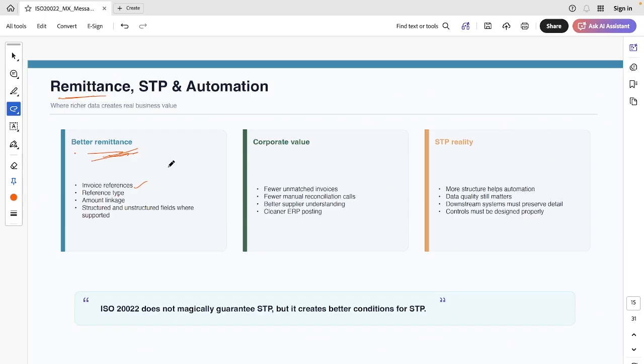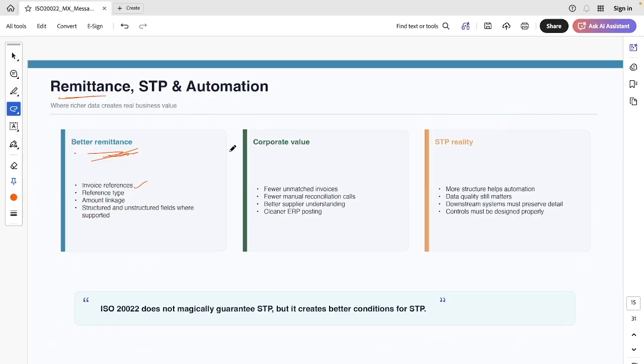So you imagine thousands of payments and then manually typing to match each payment to an invoice. That is not a finance operations task. That's a daily treasure hunt.